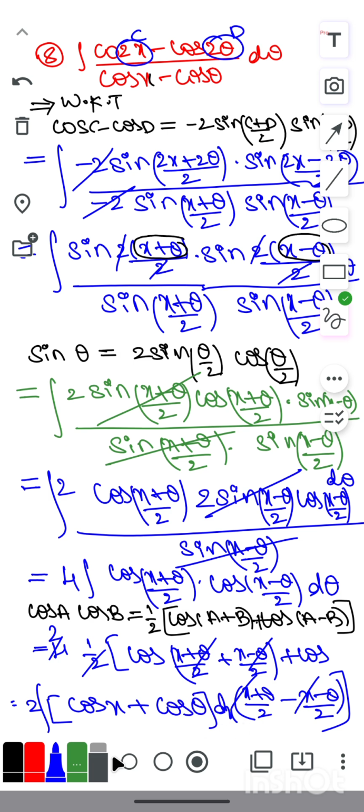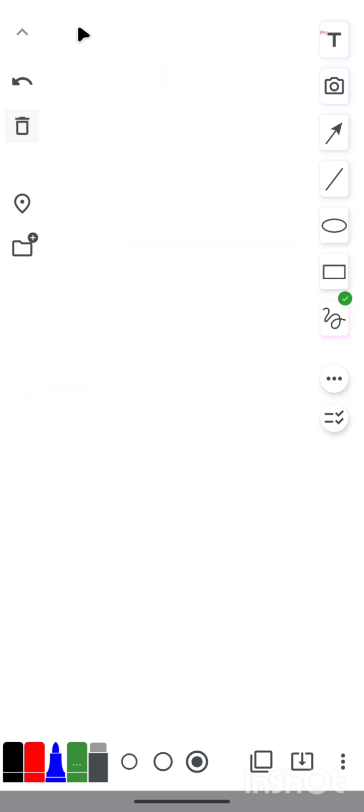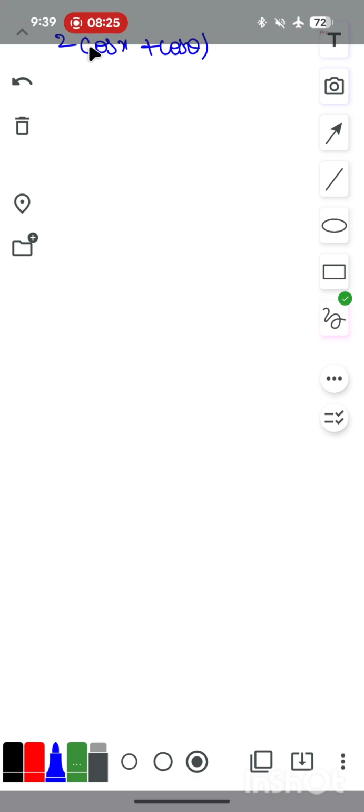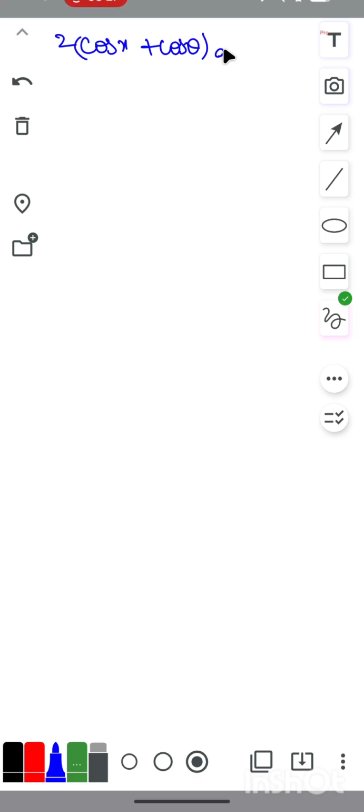I am continuing in the next slide, because there is no space here. Remember the terms 2 cos x plus cos theta. Next step, I am writing 2 times cos x plus cos theta into d theta.